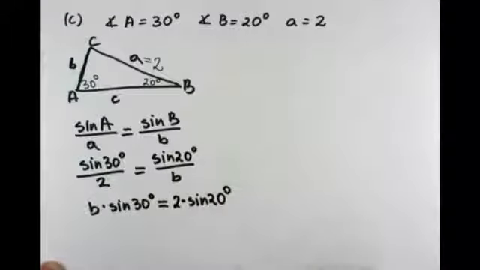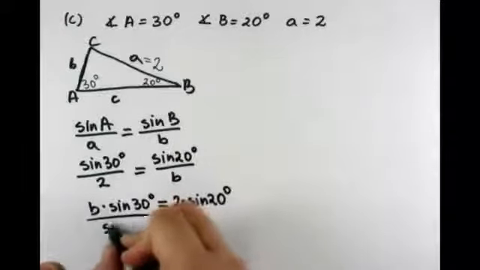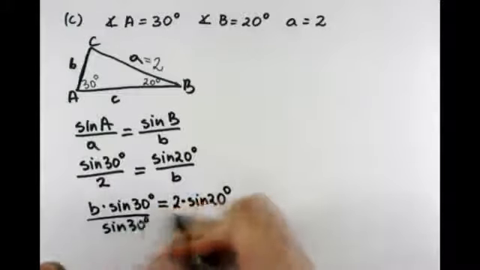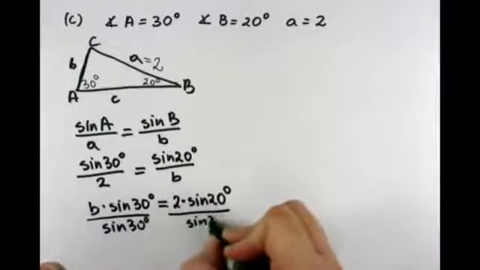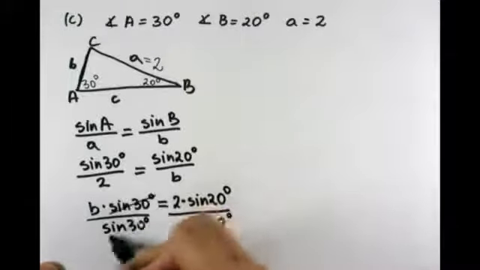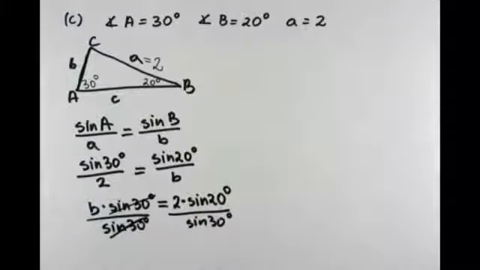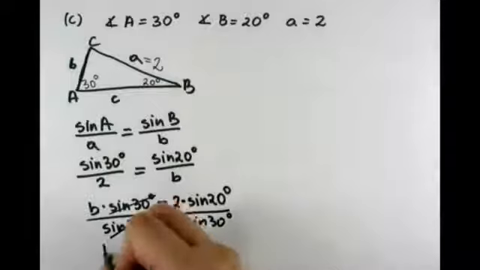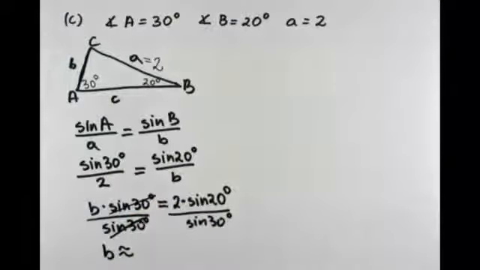Divide by sine 30; you can substitute sine 30 is 1/2. So B is approximately, make sure you put those brackets, 2 times sine 20 divided by sine 30.